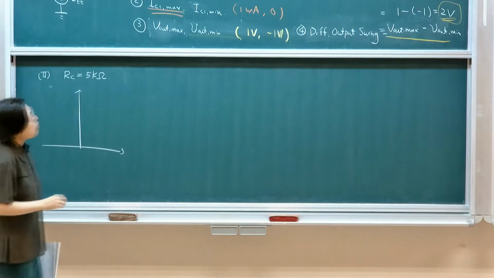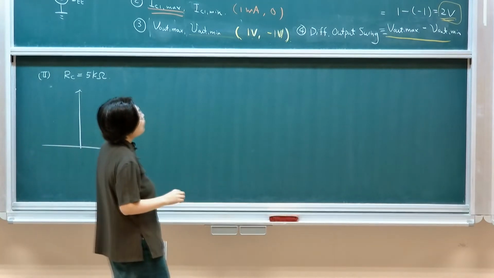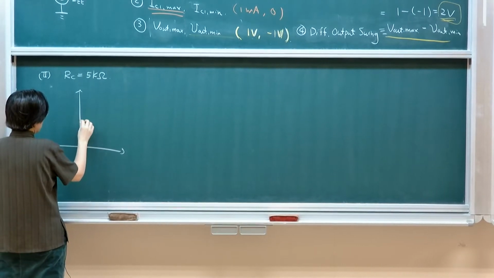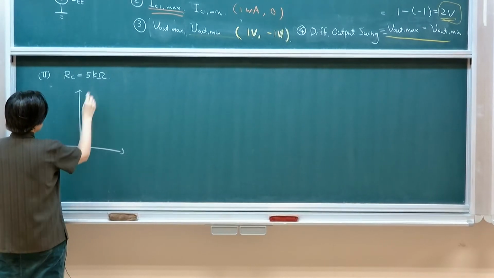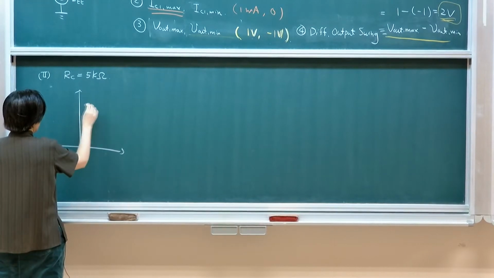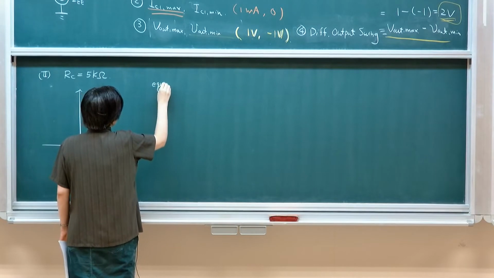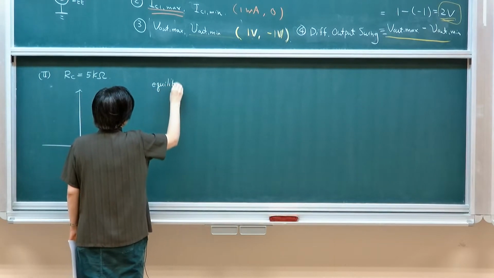Then the center point will be point times 2.5, it will be 2. So you will actually balance at, based on the same analysis, the equilibrium point. Let's just look at the equilibrium point.